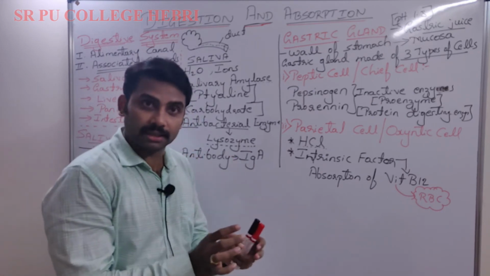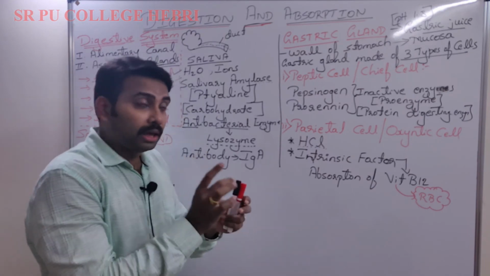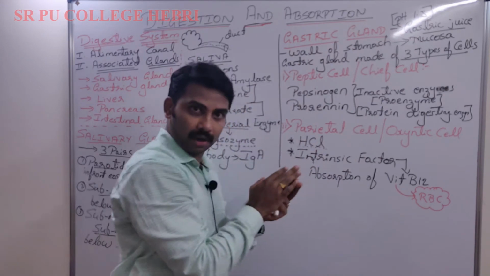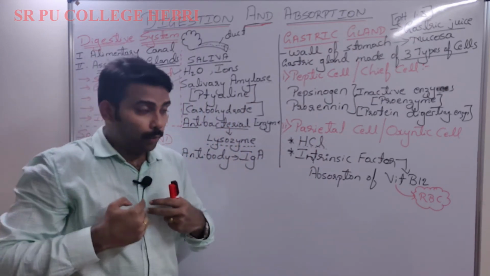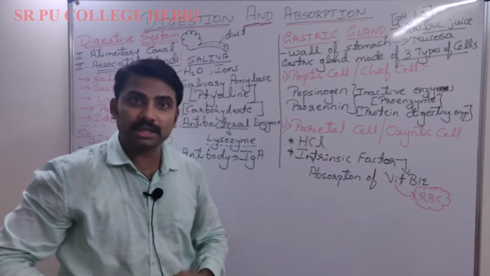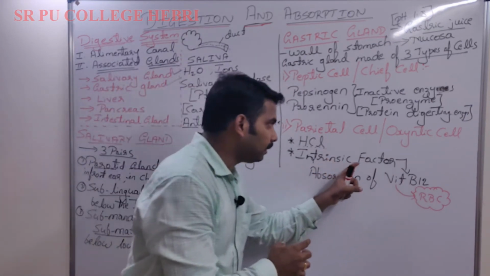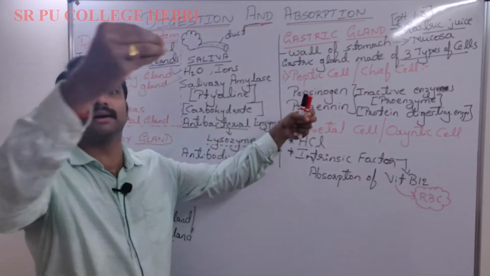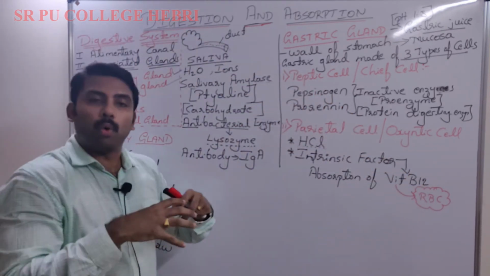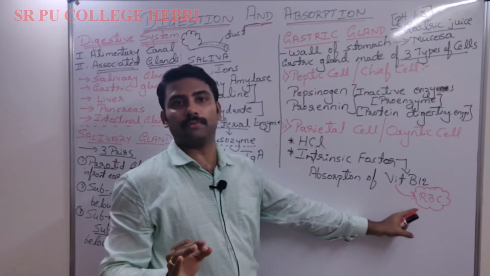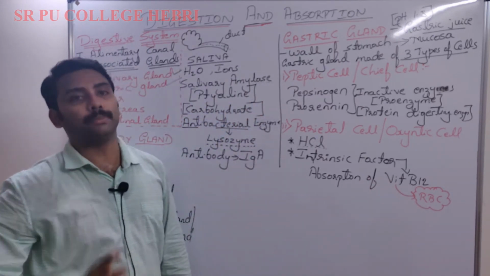Even though this intrinsic factor is produced in the stomach or the gastric gland, when intrinsic factor and vitamin B12 reach my small intestine, the intrinsic factor binds to vitamin B12 and helps in the absorption. What is the use of vitamin B12? It helps in the formation of RBC.